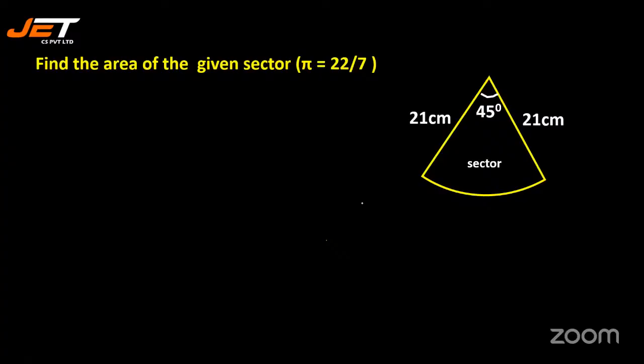Here also, we need to find out the area of the given sector. Area of the sector is equal to theta by 360 into pi r square.